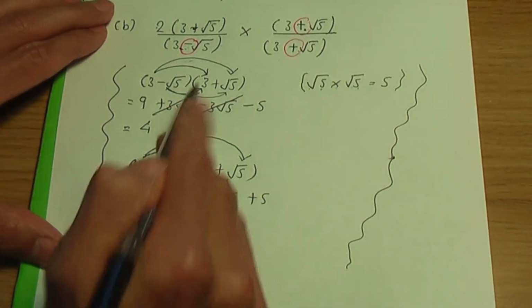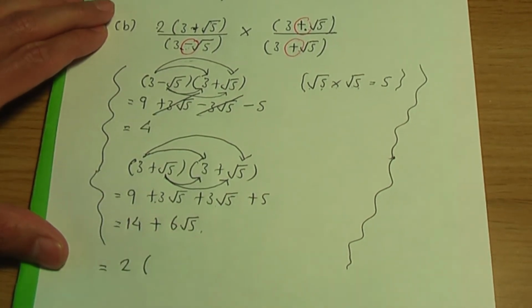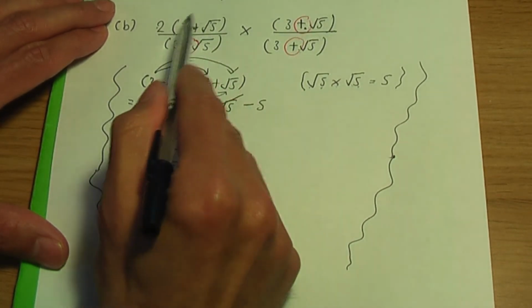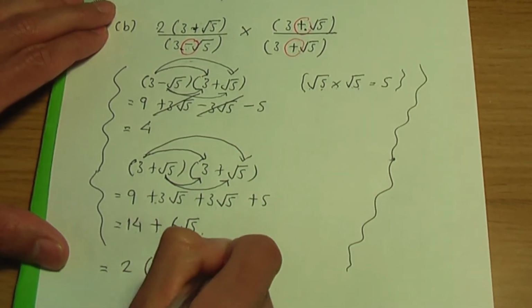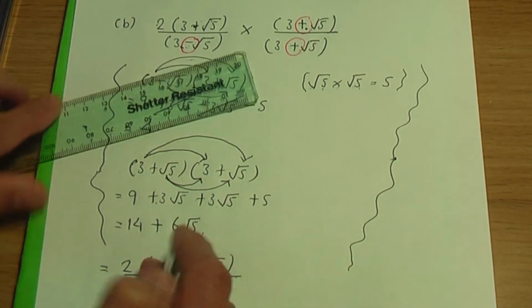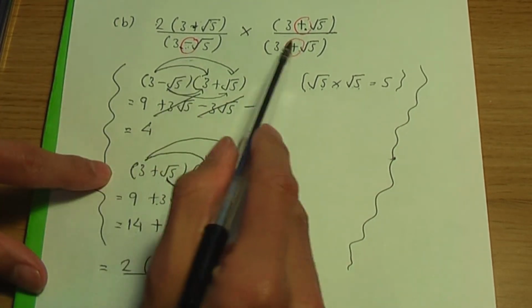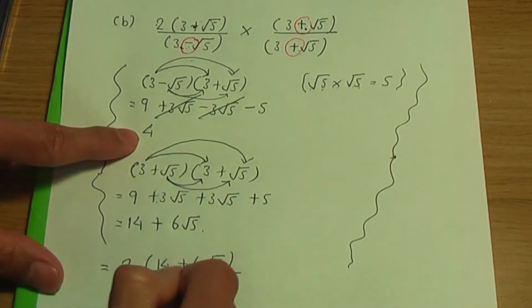So let's put this together in the main calculation. So we have 2, open a bracket. When I multiply these two terms, I have 14 plus 6 root 5, all divided by, when I multiplied the two brackets here in the denominator, we had an answer of 4.